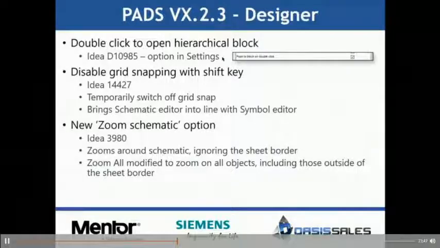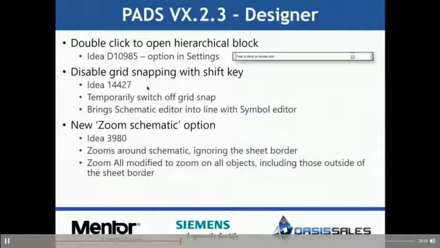All right, they've added some new options in settings to assist with certain things like push block on double click. So what that will do now is, if you're doing hierarchical designs, instead of selecting the block and having to right click push or click on the push button on the toolbar, you can now turn on a setting that allows you to do double click push, and I'll show that one here in a second.